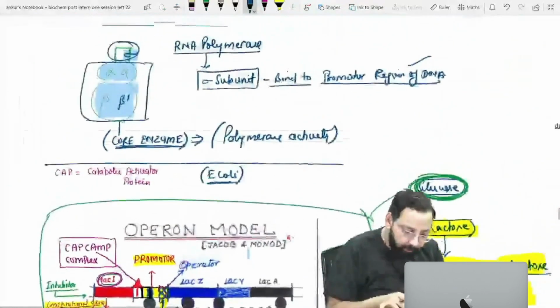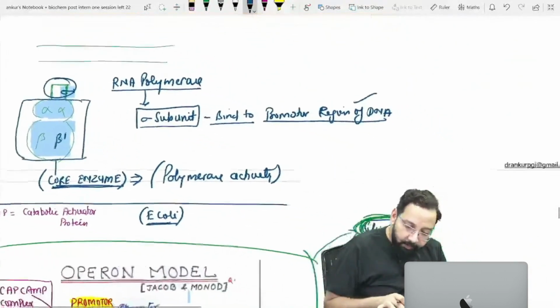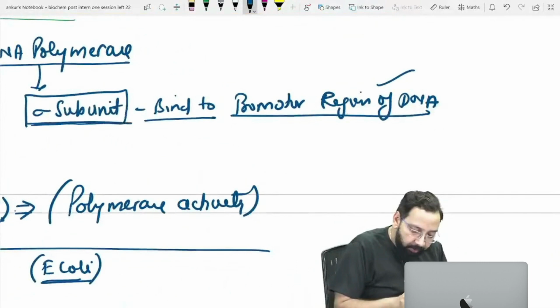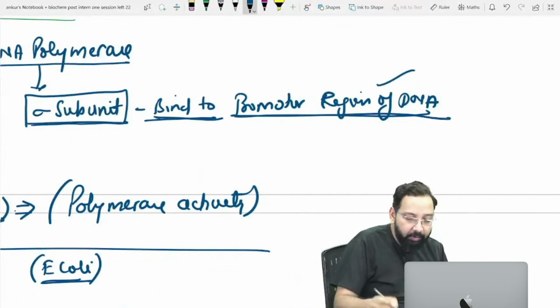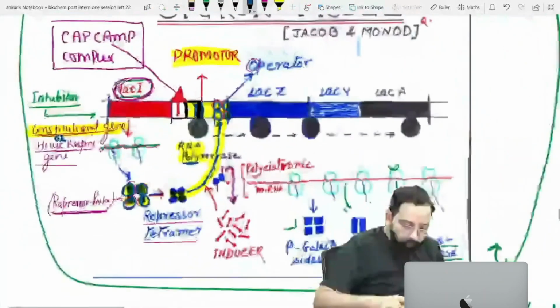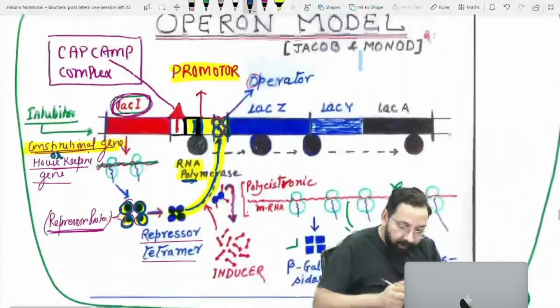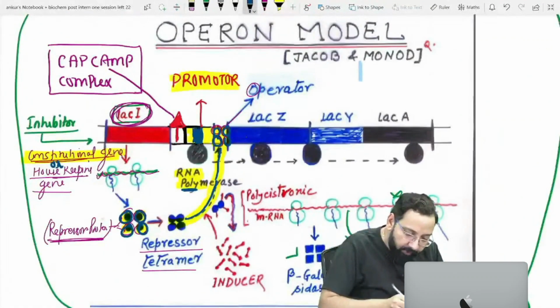I have told you earlier that RNA polymerase, with the help of sigma factor, binds to the promoter region of DNA.